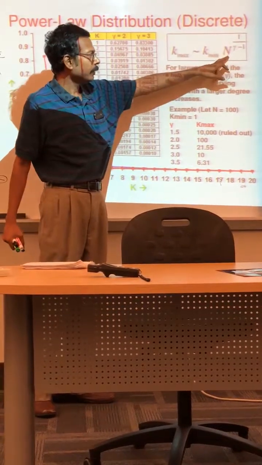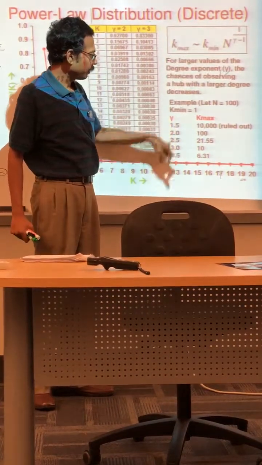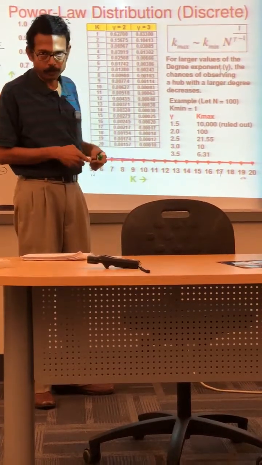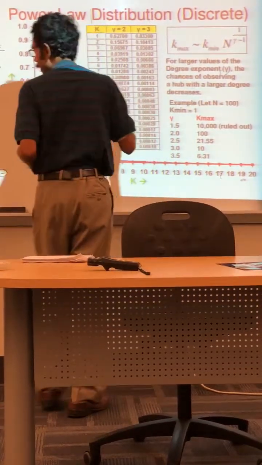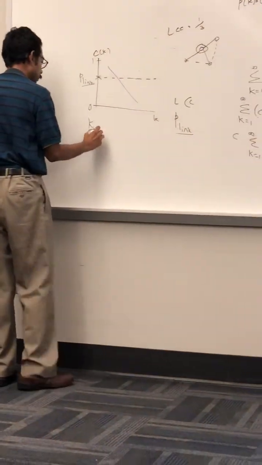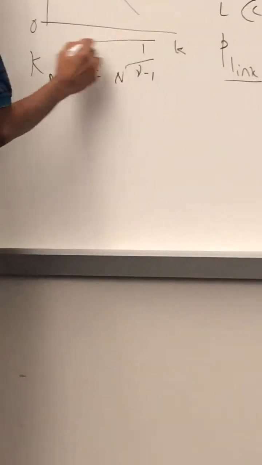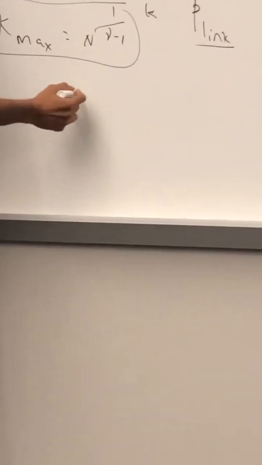let us plug in a value for gamma, okay, so different values of gamma. And let us assume for simplicity k min is 1, so the minimum degree for any node is 1. So k max simply comes out to be n raised to 1 over gamma minus 1. n is also given, so 100.